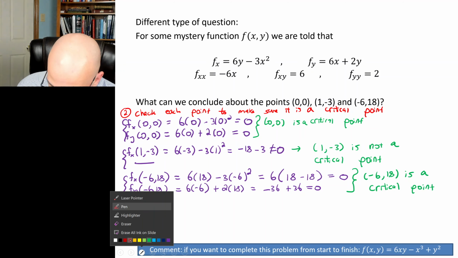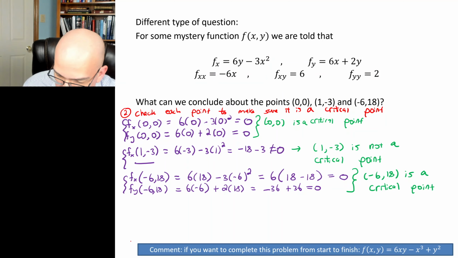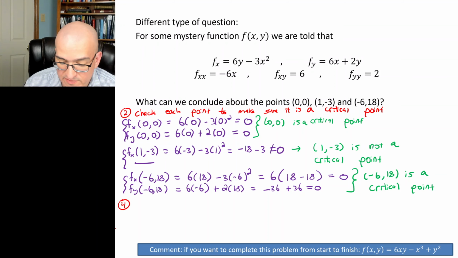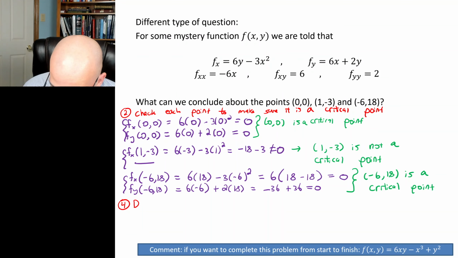Now we have to do the next step, create the diagnostic function. So the second derivatives were given, that step 3 is done. Now we're going to do step 4, D of x comma y, and it is negative 6x times 2 minus 6 squared.